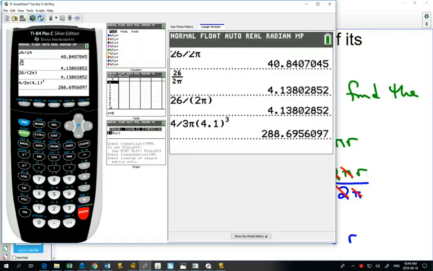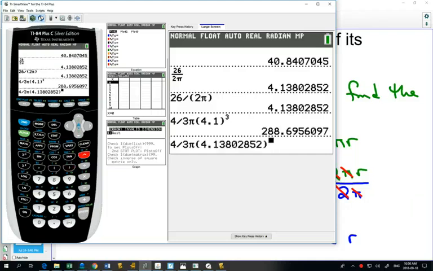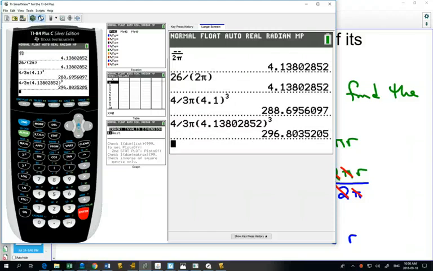If I didn't round early, 4 divided by 3 pi, and instead of going 4.1, I'm going to go up here and select all of those decimal places, bracket, cubed. How much does that change my answer? It's off by 8.